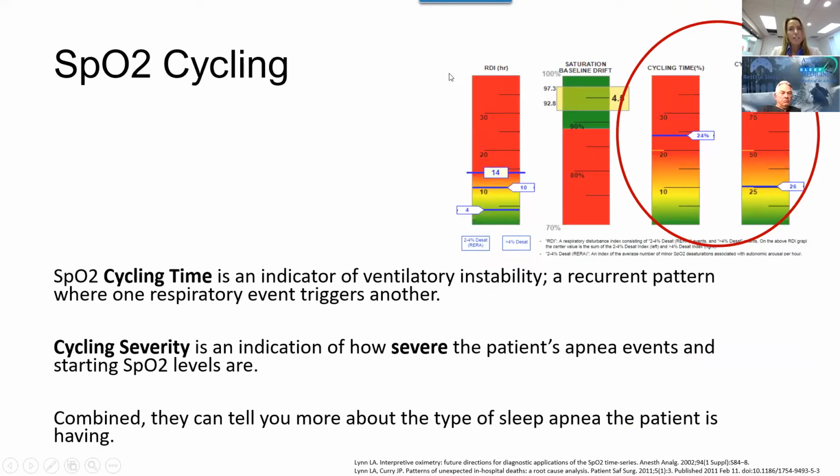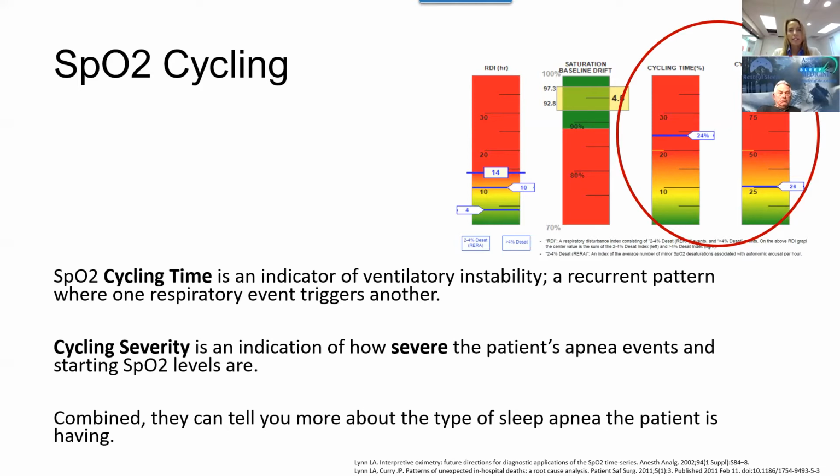Okay, and here we'll dive into SpO2 cycling a little bit more. This is something that you may have heard of before, but may not be very familiar with outside of our sleep shot reports. Essentially, cycling time is an indicator of ventilatory instability again. It's a recurrent pattern where one event triggers another and triggers another.